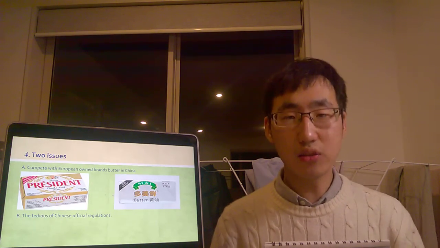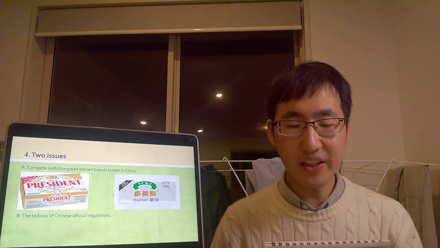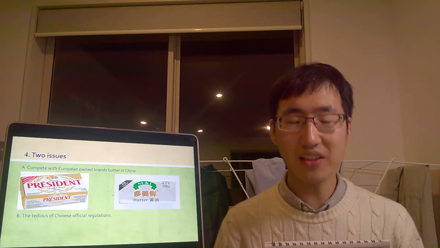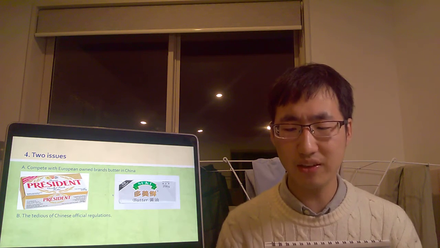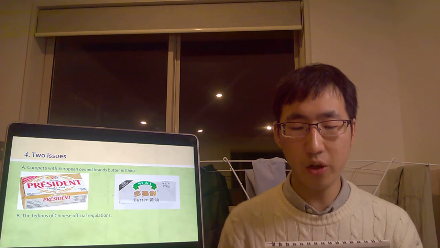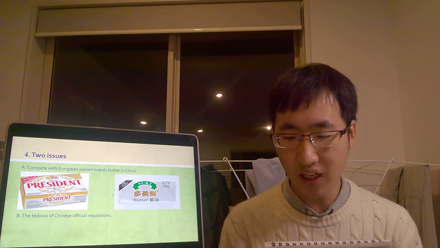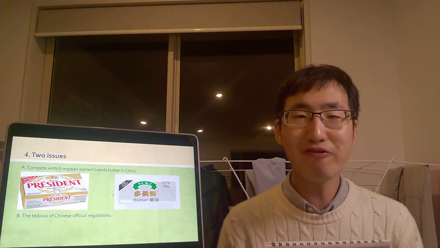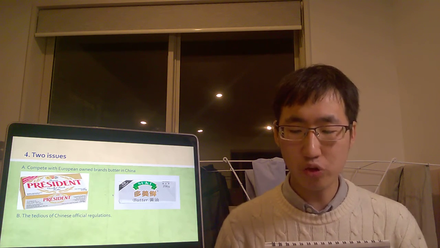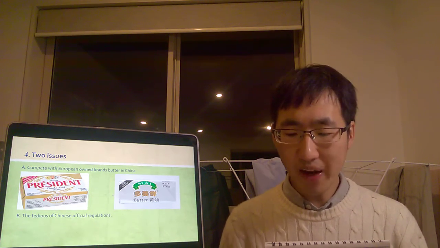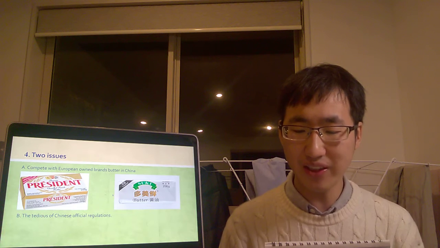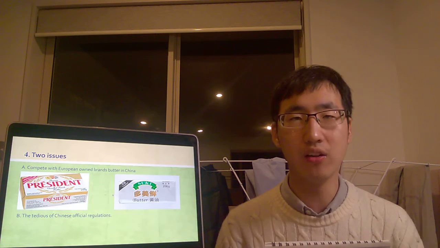However, there are still two issues that need to be mentioned. First, New Zealand butter needs to compete with European butter in the Chinese market, because Europe is also the second largest butter exporting body. In fact, European butters really have an advantage in family baking in China, compared with New Zealand butter, which has an advantage in big restaurants and hotels.